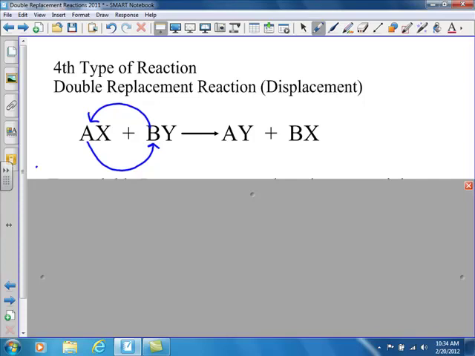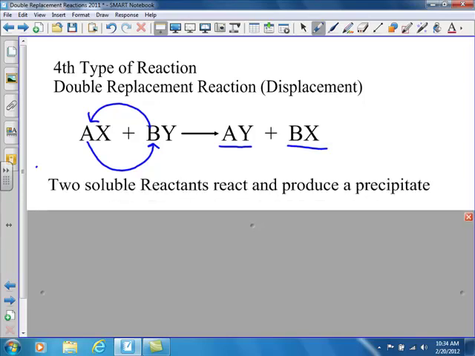So our products then are AY and BX. So it's kind of like a single replacement reaction, but now the substance being replaced has someplace to go.